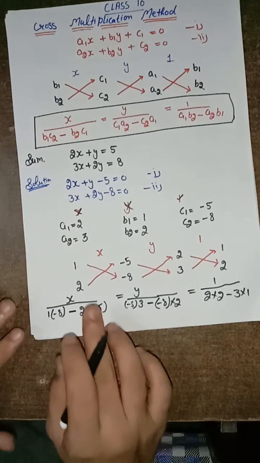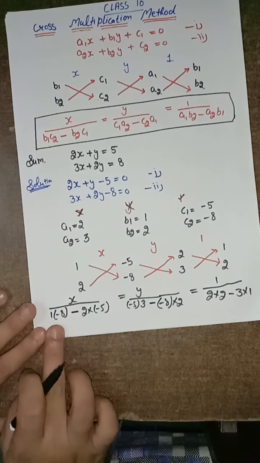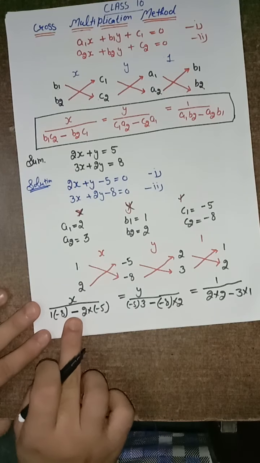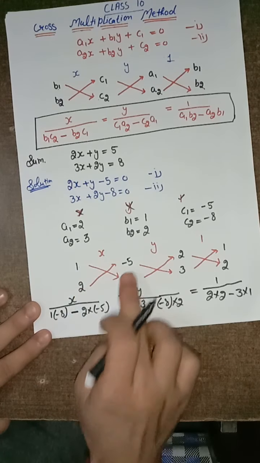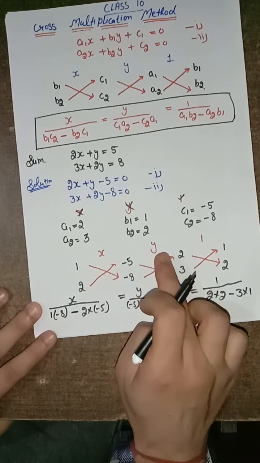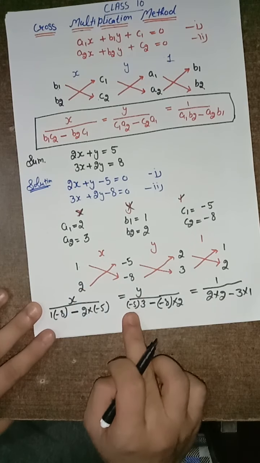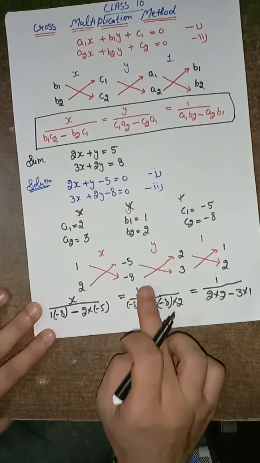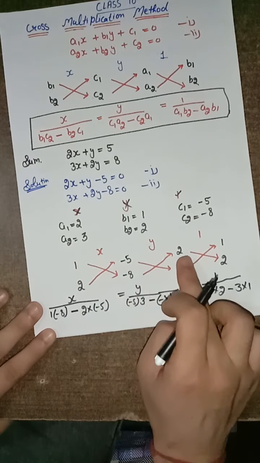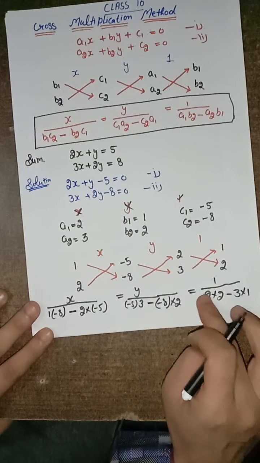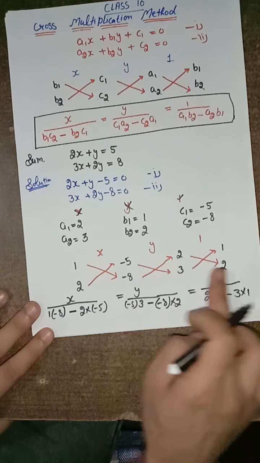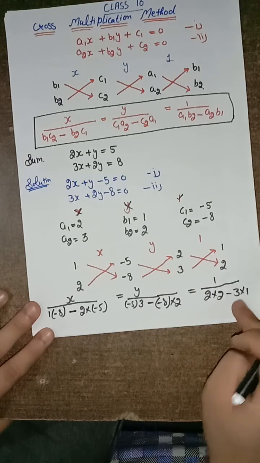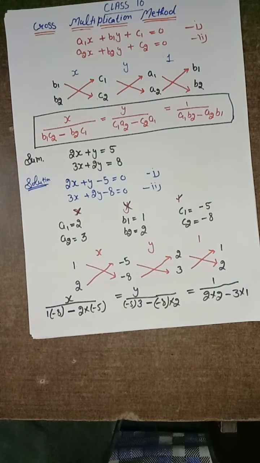Again I am repeating: x divided by 1 into minus 8 minus 2 into minus 5 equals y divided by minus 5 into 3 minus 8 into 2, and equals 1 divided by 2 into 2 minus 3 into 1.